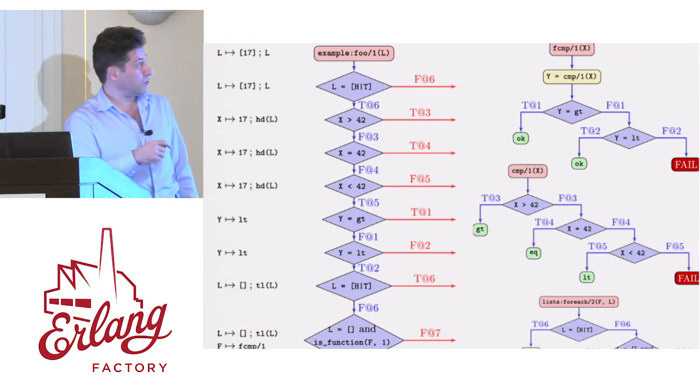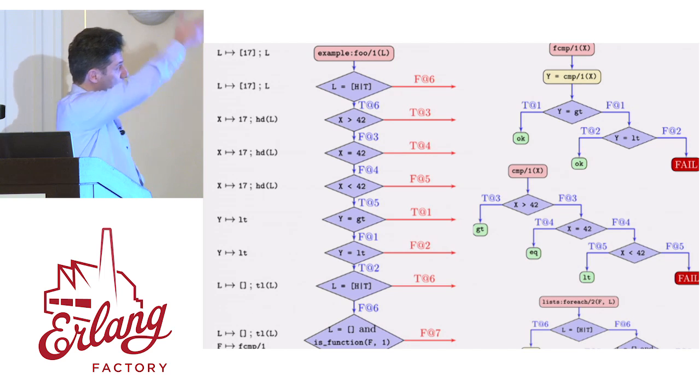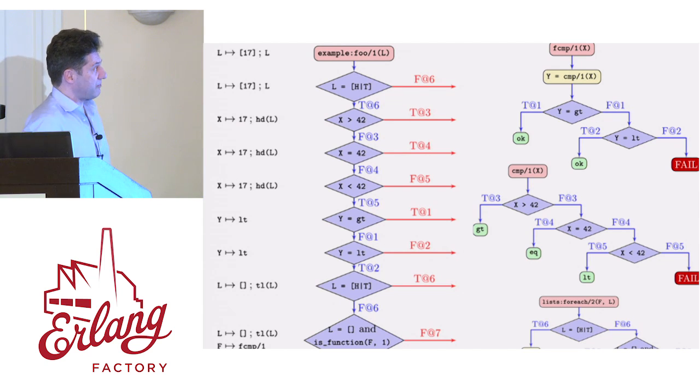So what concrete execution is doing, it follows initially one particular path, the one that is shown with blue colors, and there are some unexplored paths that are shown in red colors.